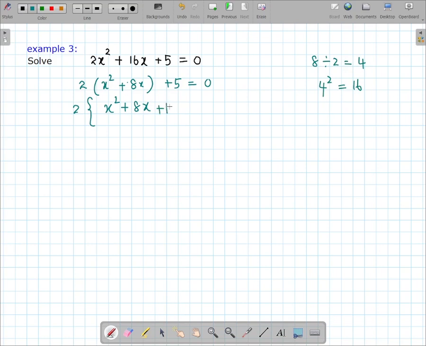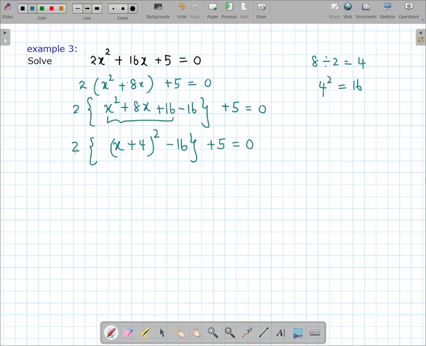So plus 16 minus 16, close bracket, plus 5 equals 0. Then this means complete square. 2 curly bracket, that is variable x, here plus 8 divided by 2, that is plus 4, whole thing squared, minus 16, close curly brackets, plus 5 equals 0.